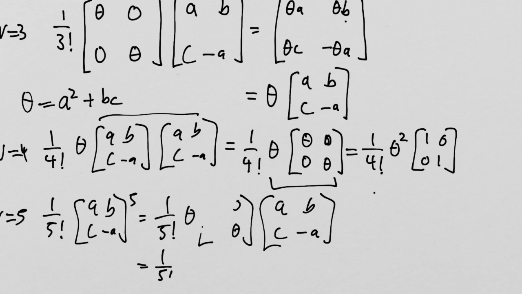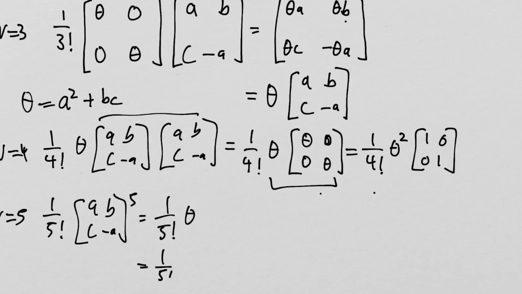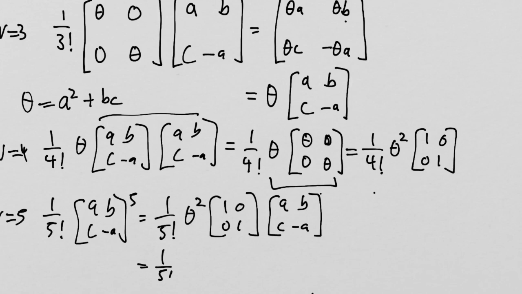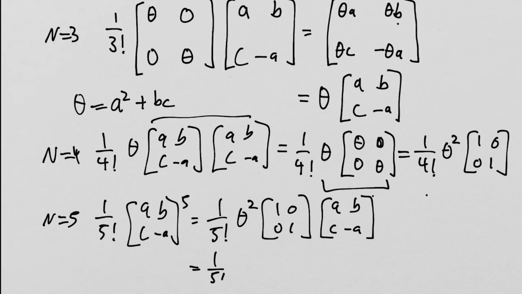Then this would just have been 1 over 5 factorial theta squared times the identity times a, b, c, minus a, which is 1 over 5 factorial theta squared times the matrix a, b, c, minus a.